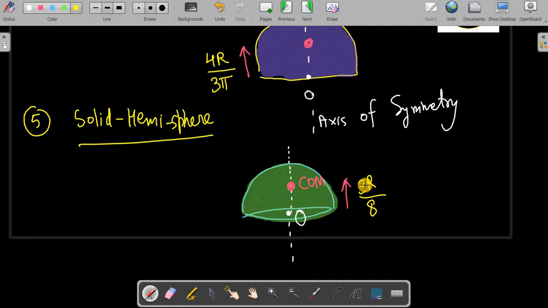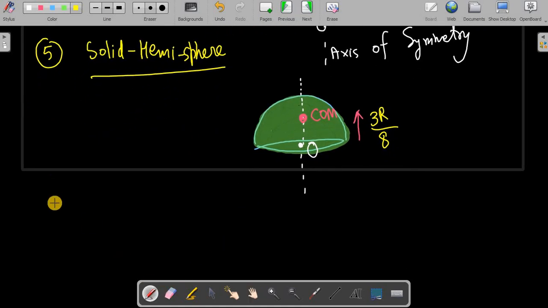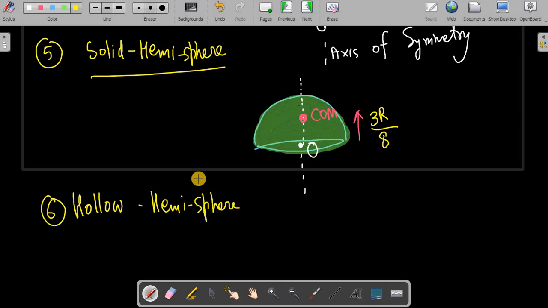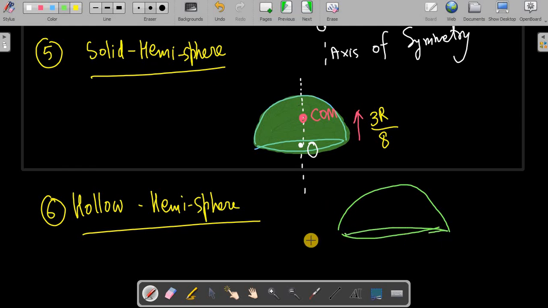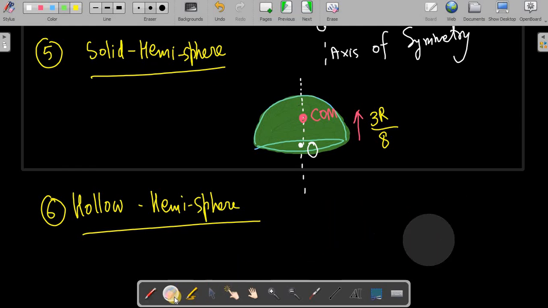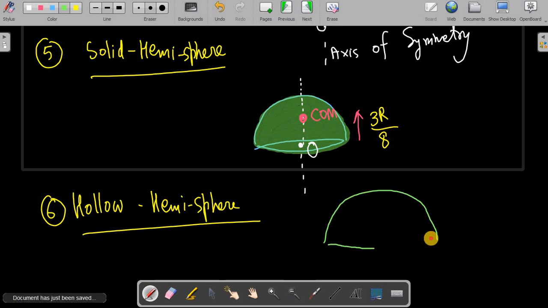And what will happen if it is hollow? Let us say a hollow hemisphere. In case it is a hollow hemisphere, it's completely hollow, right? It will be like this. Again it will lie on the axis of symmetry.